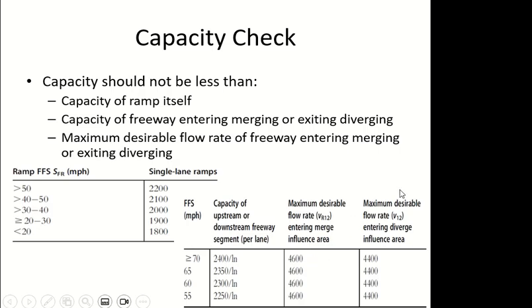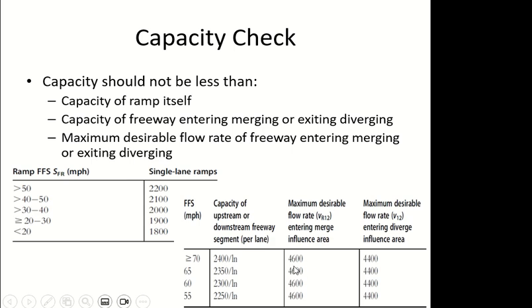Now this is the check for V12, and after this check, if it is not satisfied, the level of service is not said to be F. We can continue with the analysis. This is for the merge area and this is for the diverge area.